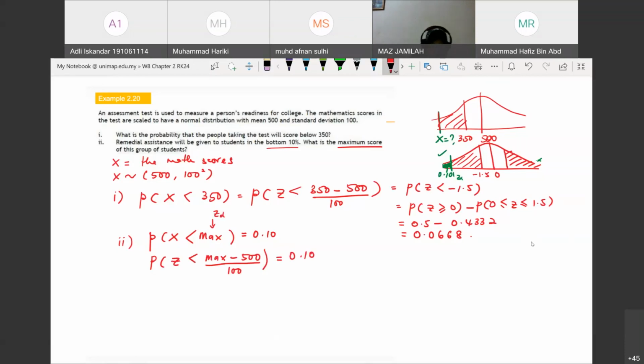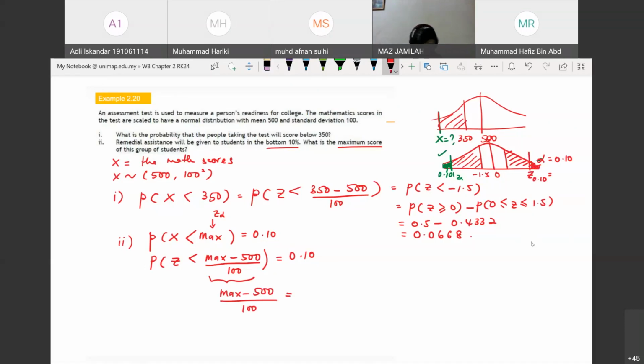What will be the Z alpha if the alpha is 0.10? So max minus 500 divided by 100 is equal to, because we are talking about the upper tail, which is referring to the right, let's say alpha is 0.10. So we are looking for Z 0.10.